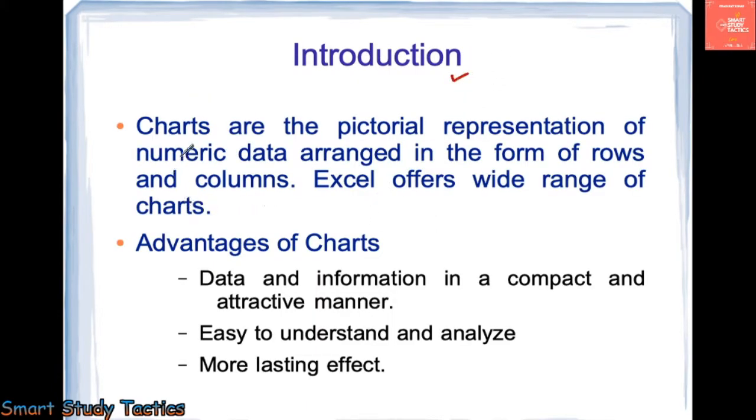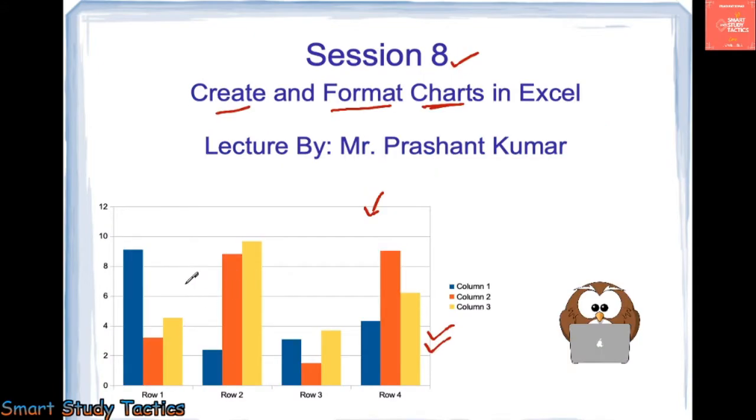I think these things are pretty clear from your previous class, but for your understanding, I'm going to tell you again. Charts are the pictorial representation of numeric data arranged in the form of rows and columns. Okay, as you can see, this is the pictorial representation.